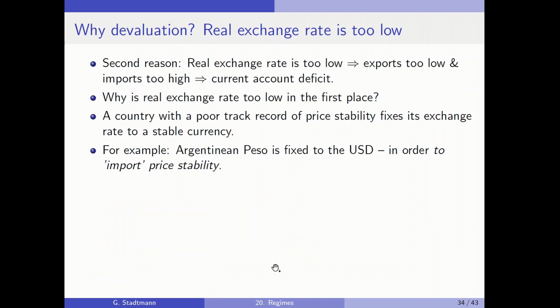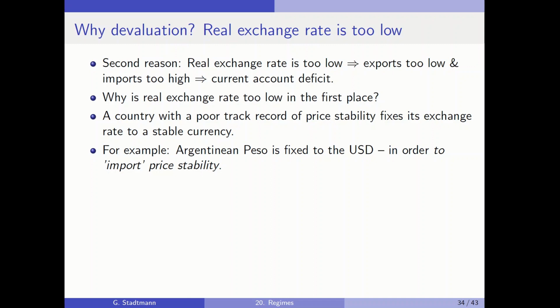Let's have a look at the second reason why a devaluation might be necessary. It could be the case that the real exchange rate is too low. When the real exchange rate is too low, exports are too low, imports are too high, so that the economy is running a current account deficit. But why could it be the case that the real exchange rate is too low in the first place?